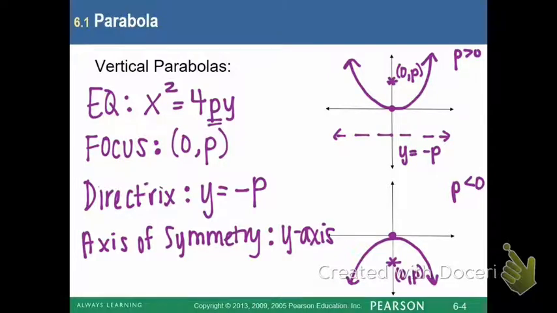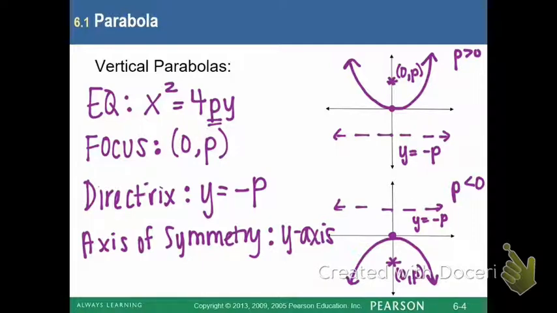Again, you use that same distance, whatever it is, go the opposite direction that same amount, and then you draw in your directrix, which again, this is the equation y equals negative p. Again, x squared tells us that this is going to be opening up or down.